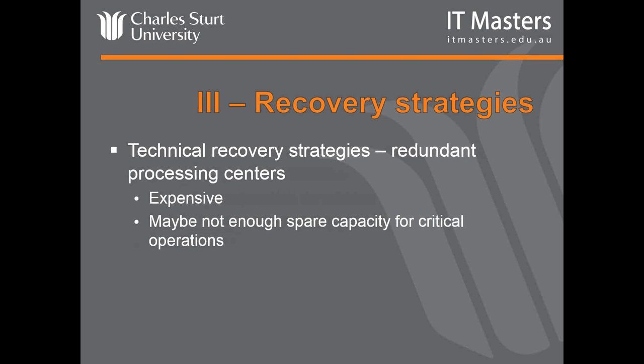So let's see. Redundant processing centers. Next. Expensive. Having something just sitting there, maybe we don't have enough spare capacity for critical operations. The more redundant centers and the more we split it, the easier this becomes. Because if we're looking at an N+1, then losing one of them isn't too bad. We have less per site, but that of course means more money to put out there.